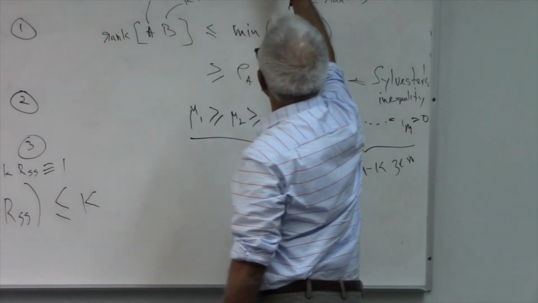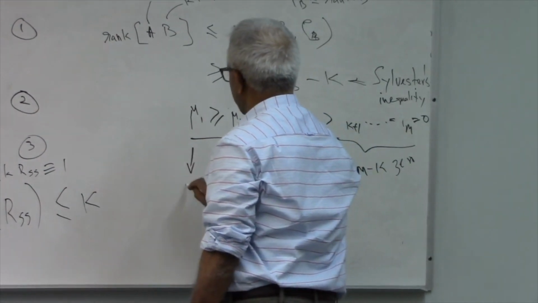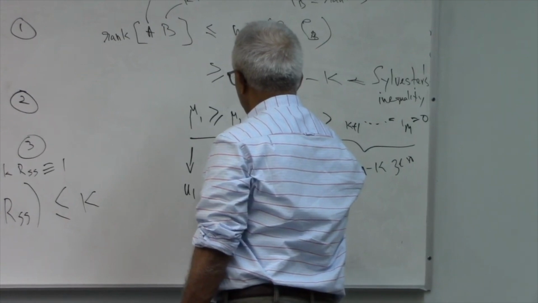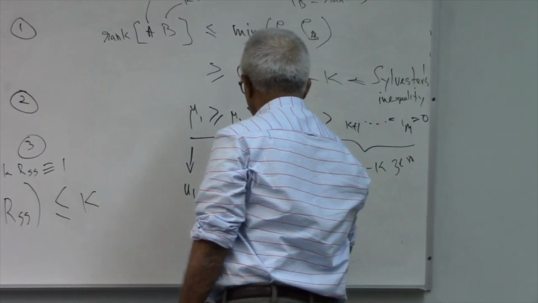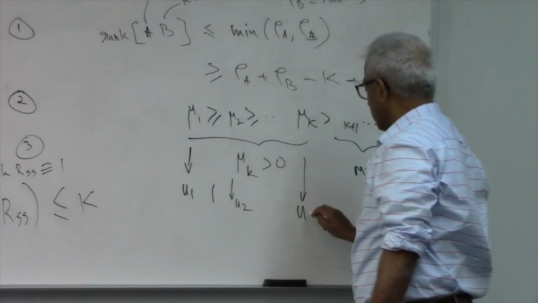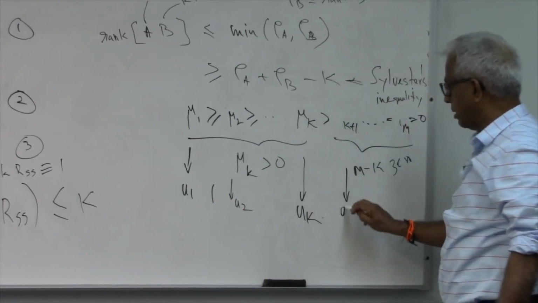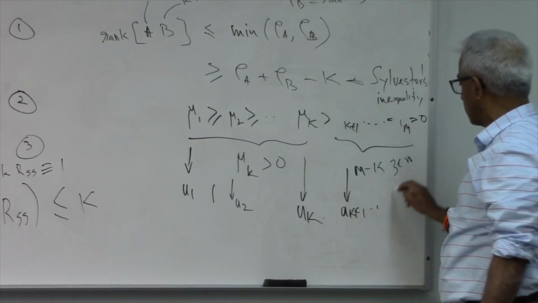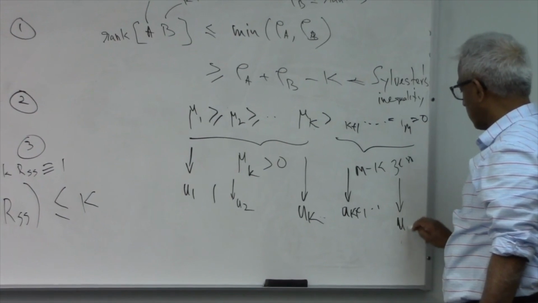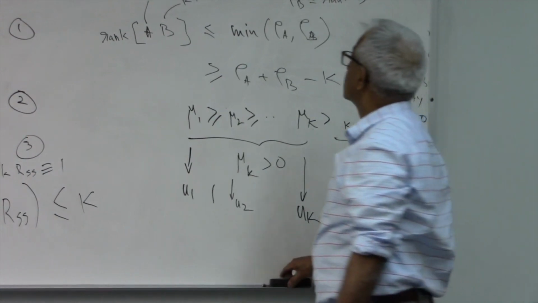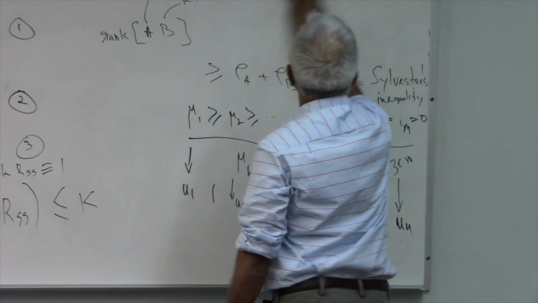And consequently, if I call the corresponding eigenvectors u1, u2, up to uK, uK plus 1, etc., then you know that this can be written in this form. Right?